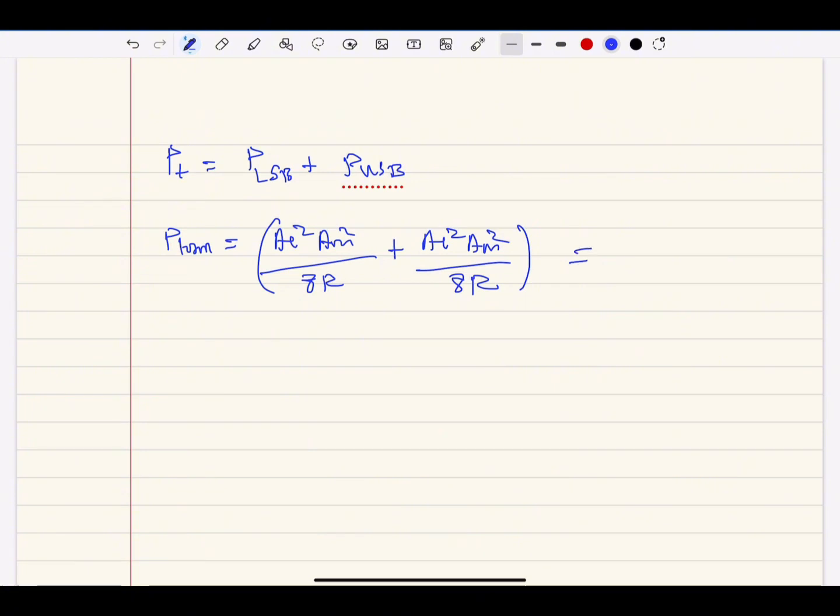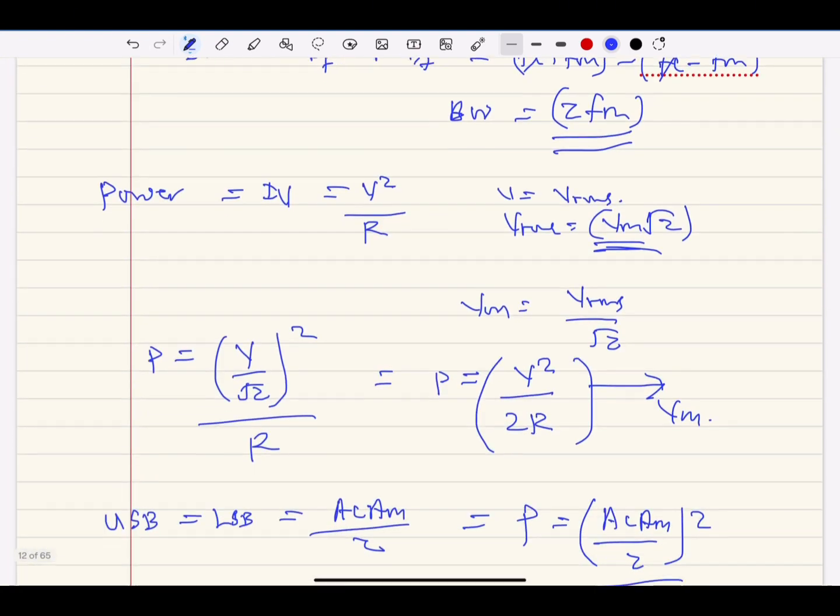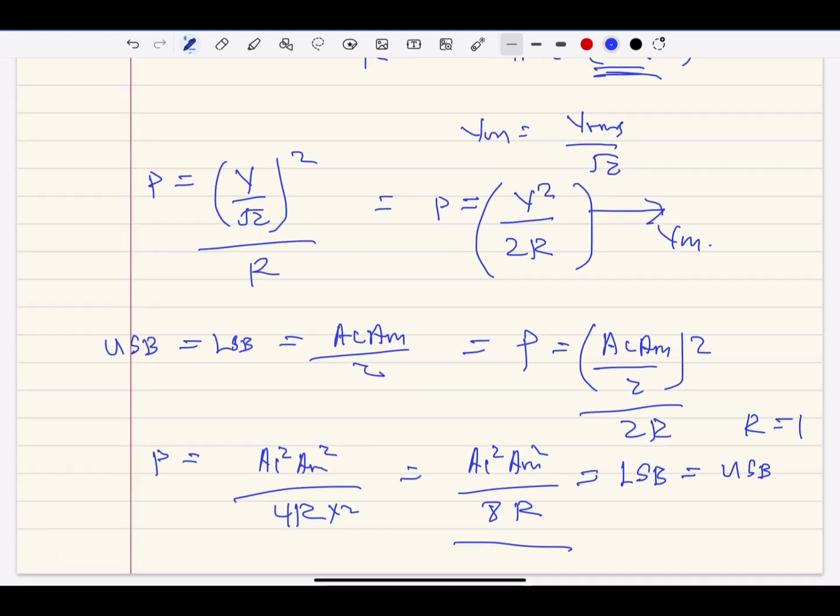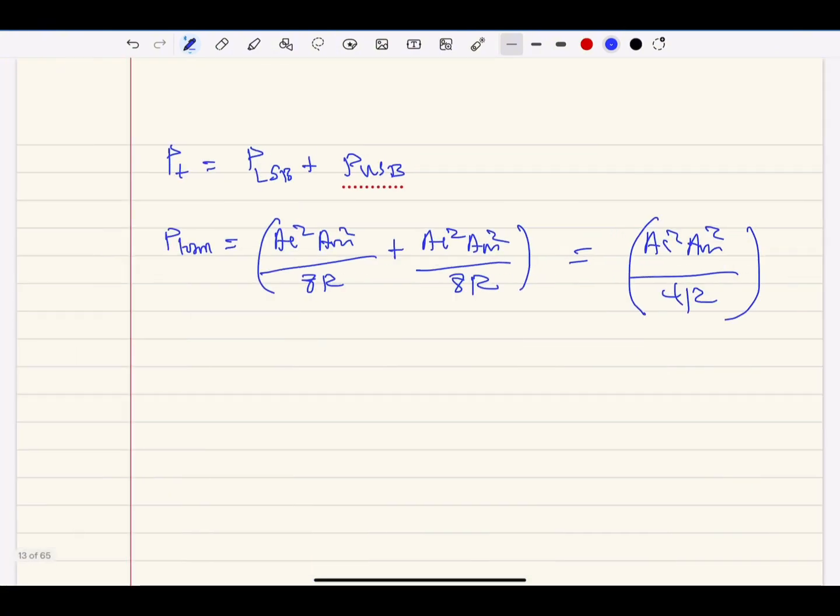At the end of the day, you get Ac squared Am squared over 4R as your total power. But for a single sideband, the power is Ac squared Am squared over 8R. So this is the total power requirement for the double sideband suppressed carrier.